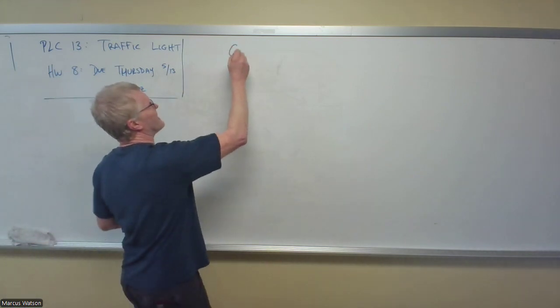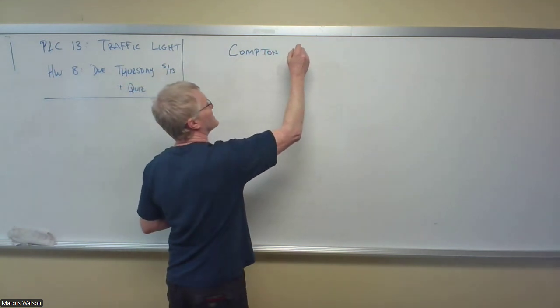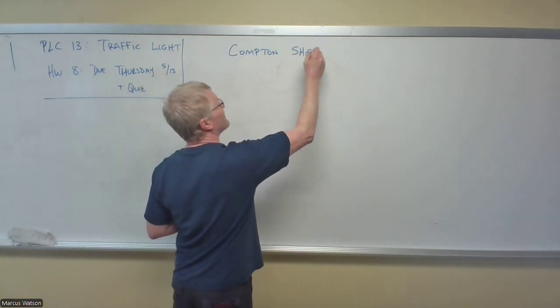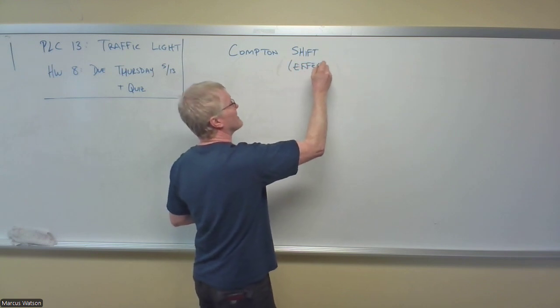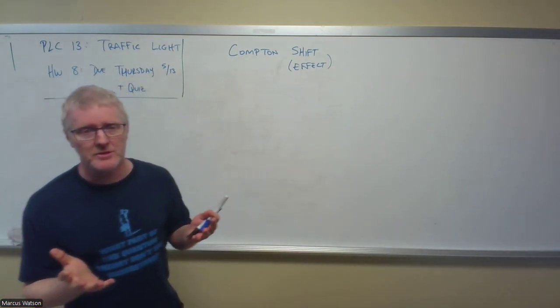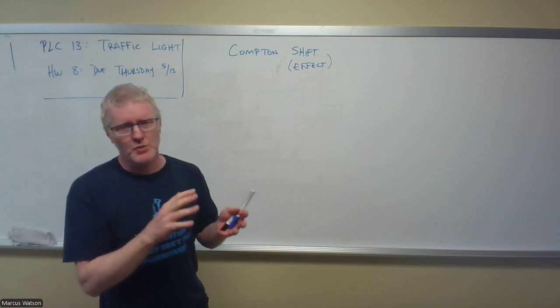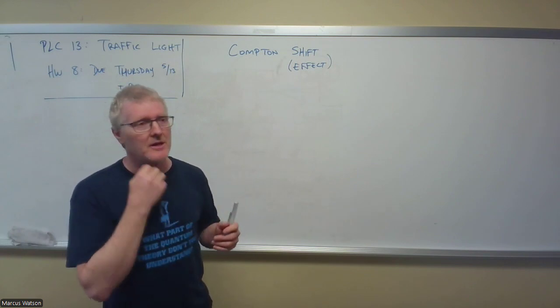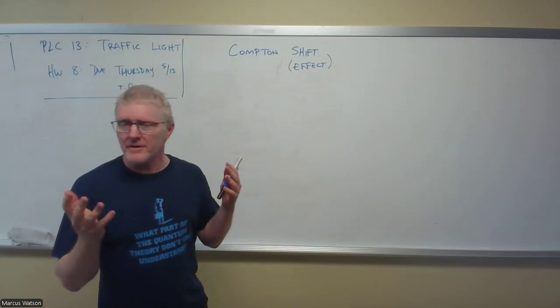I left you off last time when I talked about the Compton shift, also known as the Compton effect. It's a situation very similar to the photoelectric effect in which light comes in and strikes relatively stationary electrons.